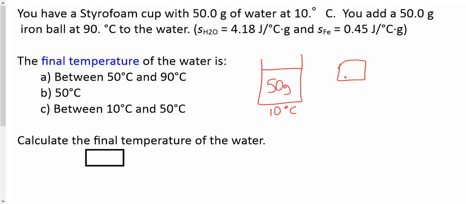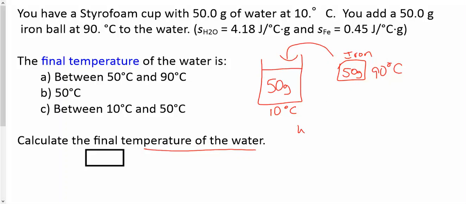We'll make it a chunk instead of a ball, 50 grams, which is at 90 degrees, to the water. We want to know the final temperature of the water. So we know that the heat lost by the metal will be equal to the heat gained by the water.